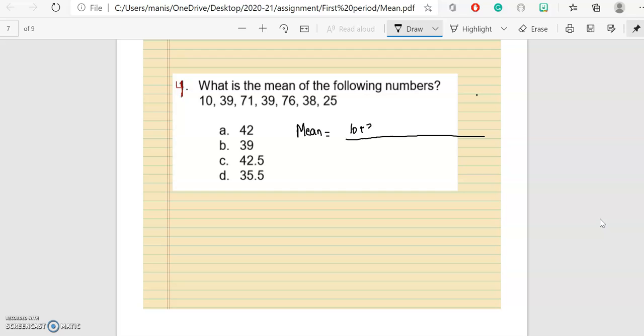So 10 plus 39 plus 71 plus 39 plus 76 plus 38 plus 25. How many numbers am I having? 1, 2, 3, 4, 5, 6, 7. So I will type this in my calculator and find your answer.